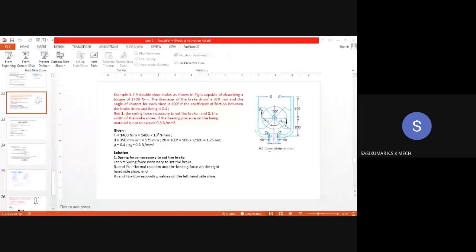This is the brake shoe width that you need to find, and for finding that, they are giving you that the bearing pressure on the lining is not to exceed 0.3 Newton per mm square. So here you need to find the spring force as well as the width of the brake shoe.